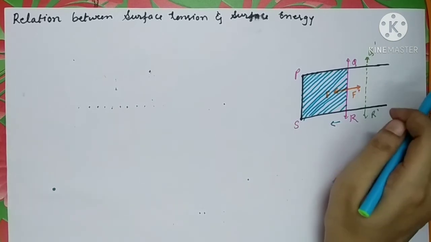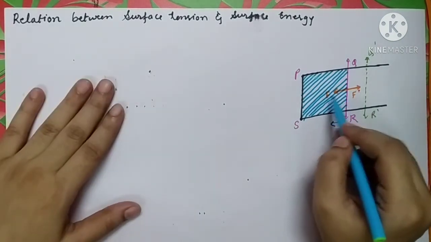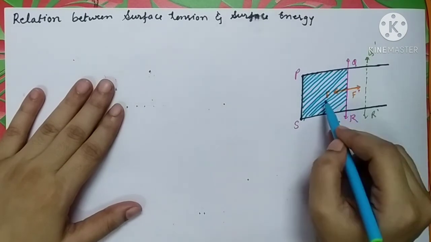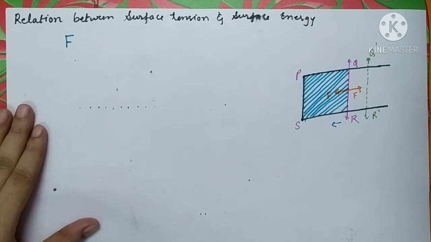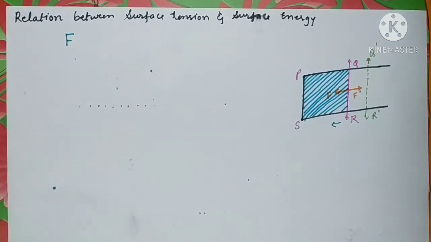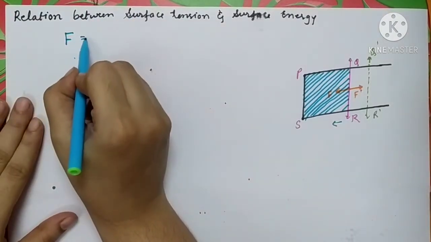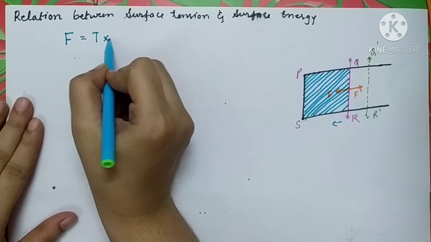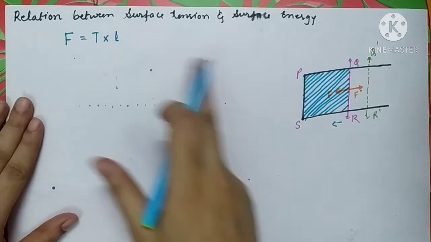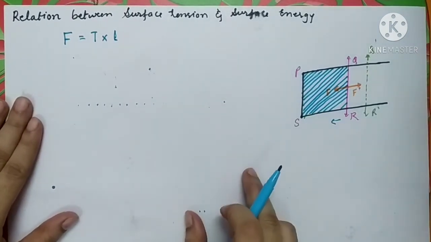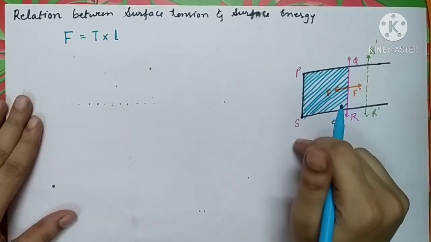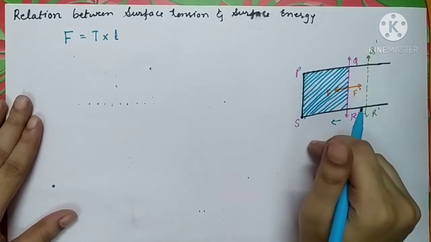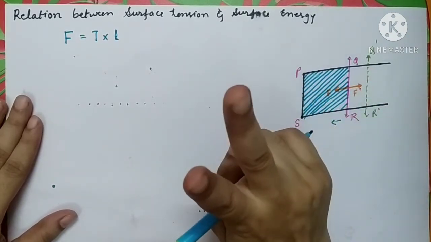what will you have to do? Obviously, the force due to surface tension acting on the wire QR is F. Let capital F be the force due to surface tension acting on this wire. We all know that the force due to surface tension has the formula T into L, where L is the length of this wire. Now once you dip this rectangular frame into a soap solution, two soap films will be created.